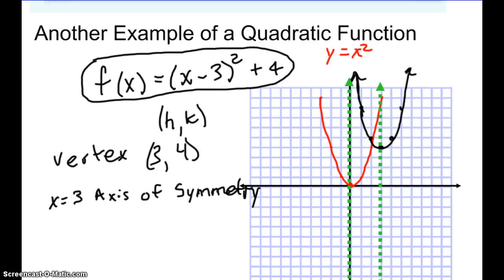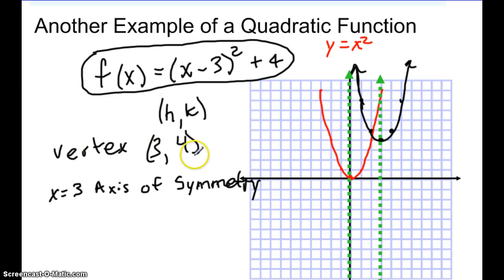And this would be a nice little description of a NAGS. We've got a numerical, where we could go ahead and create a t-chart and plug all those values in, but we did a quick graph by looking at just the vertex and its shift from the parent function. We also were able to describe the axis of symmetry, and if you look at these graphs, this is called, by the way, concave up.